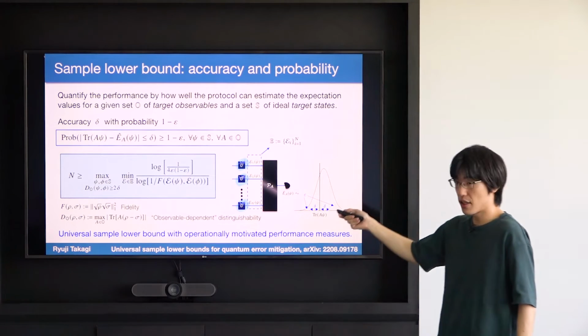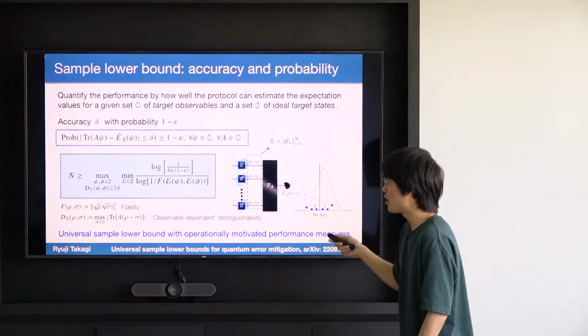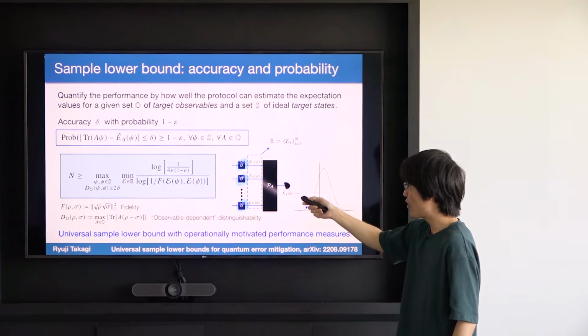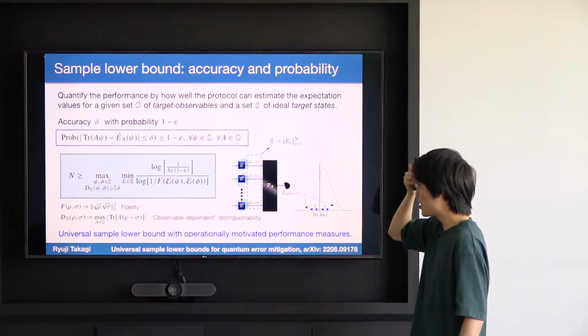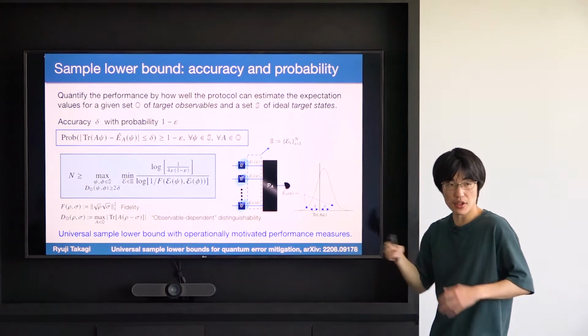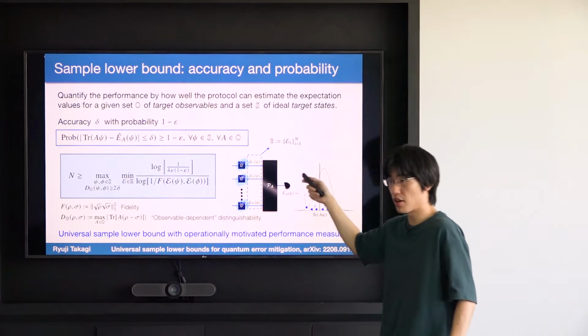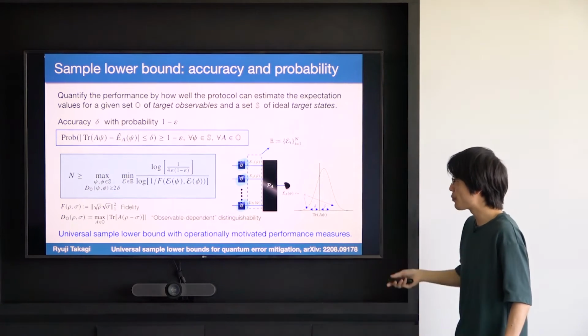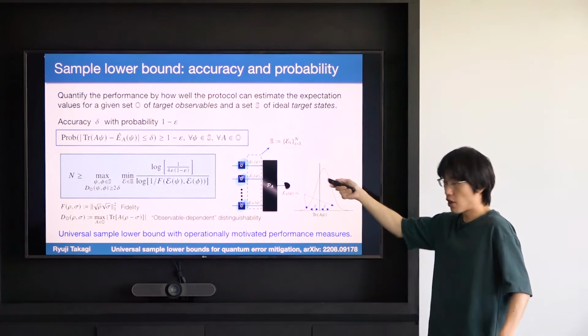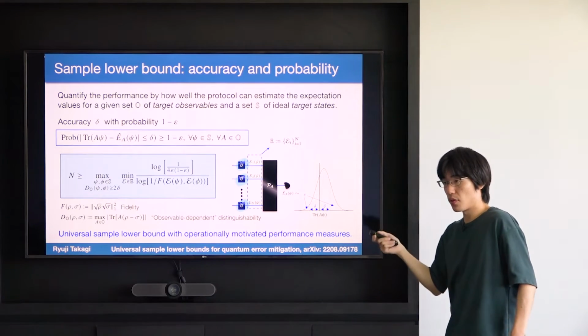So then you can characterize the first framework by looking at the probability of having your estimate within the accuracy delta. And the probability of that should be greater than 1 minus epsilon. This is success probability for all the target states and target observables.